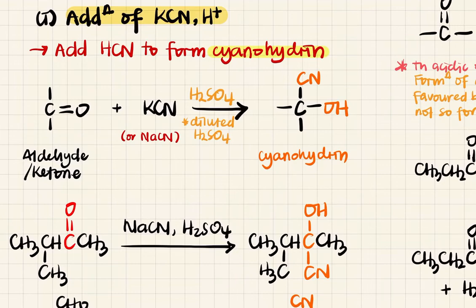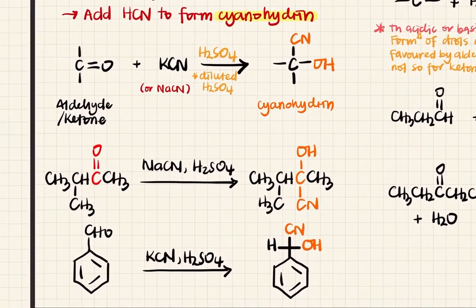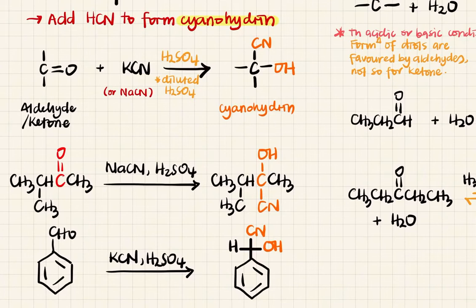So here we have our aldehyde compound, atau ketone. Tak kisahlah, awak ada C double bond O carbonyl compound, and then you react with KCN in the presence of diluted sulfuric acid.